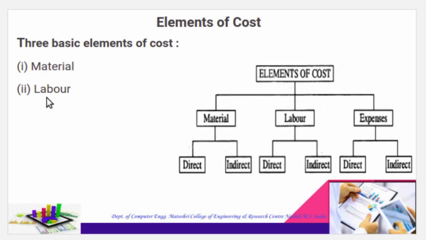Then there will be labor cost. Labor cost is nothing but the cost of human effort required for converting the material into the finished product. It is the aggregate amount of remuneration paid to the workers, supervisors and managers.